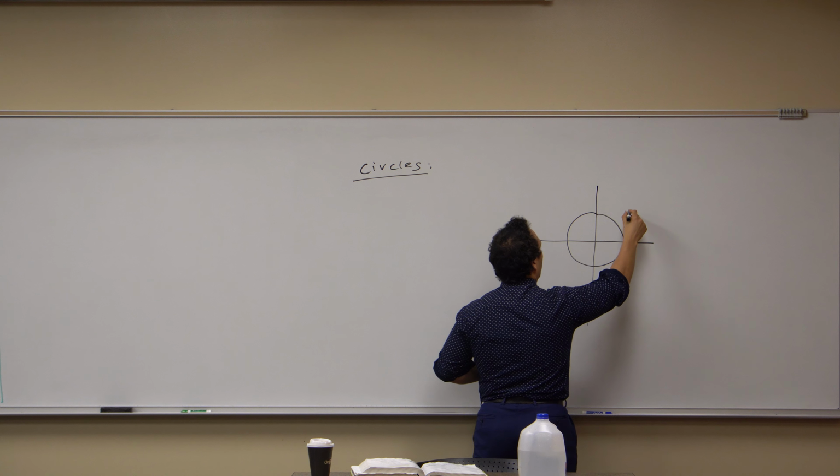All right? So notice that I can create a circle, let's say centered at 3, 4. And let's say we wanted to have a radius of 2, okay?